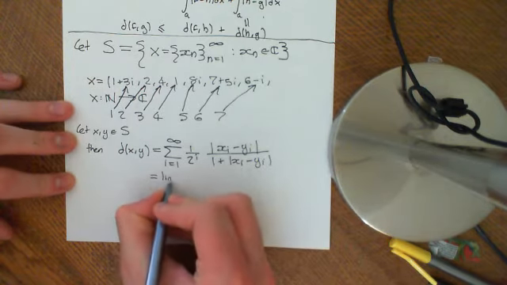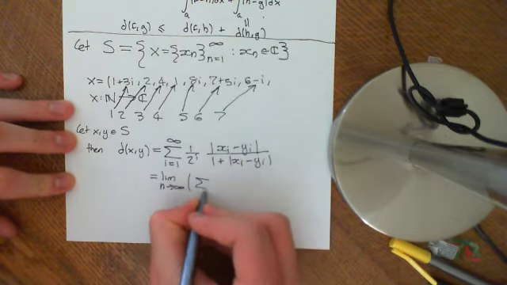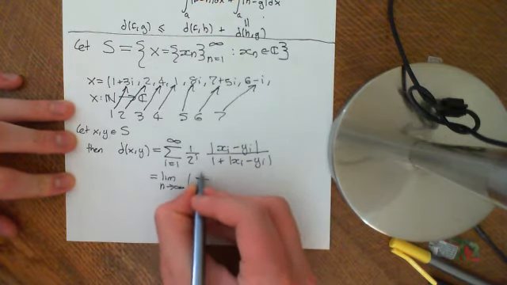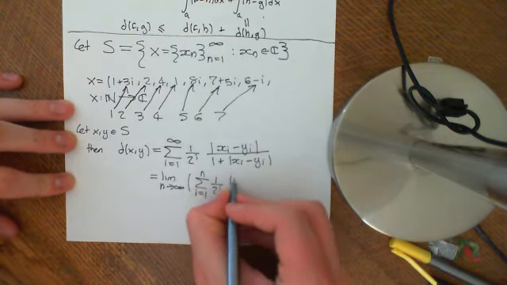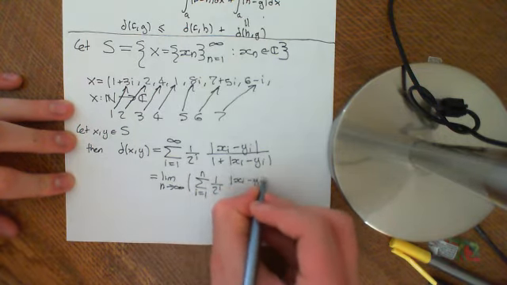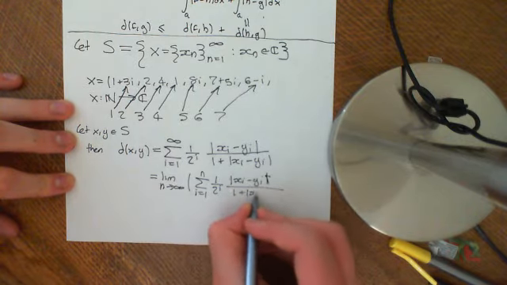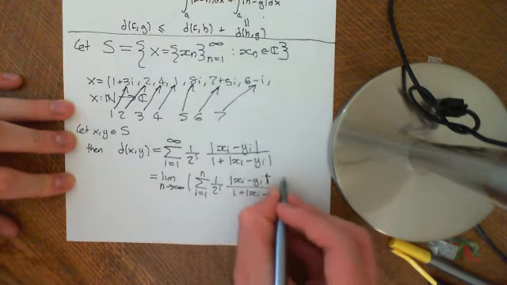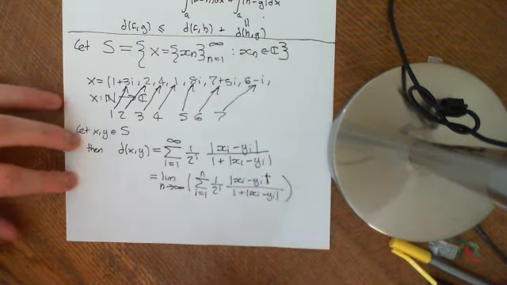It really means the limit as n approaches infinity of the partial sums, the sum from i equal to 1 to n of 1 over 2 to the i, times the modulus of xi minus yi, over 1 plus the modulus of xi minus yi. So it's the limit of the sequence of partial sums.